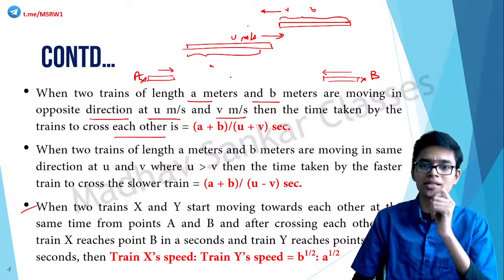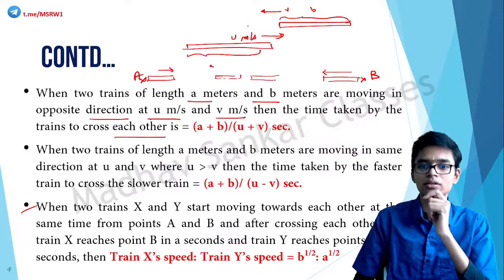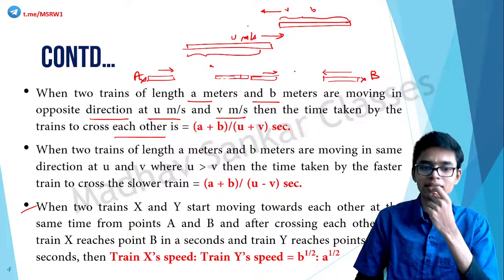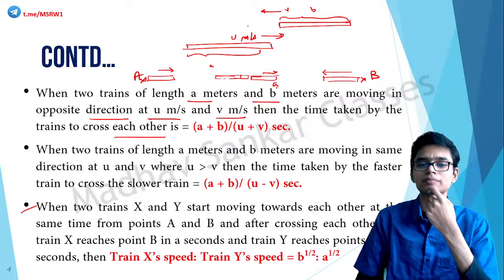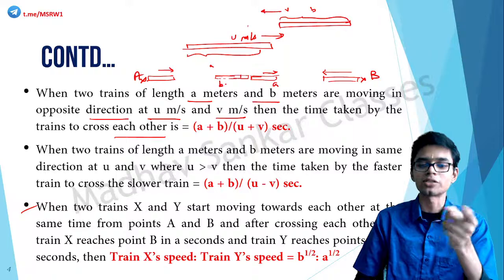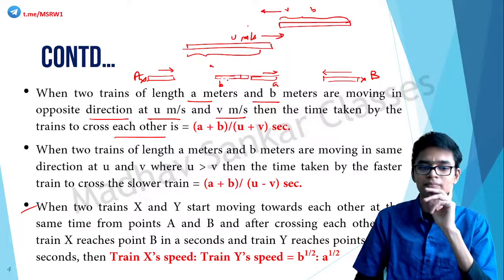So at some point they crossed each other, and exactly after crossing, train X, which is moving in this direction, took a seconds to reach point B. Similarly, the other train took b seconds to reach point A. Clear?